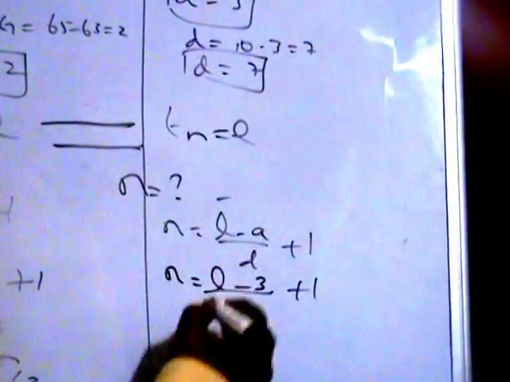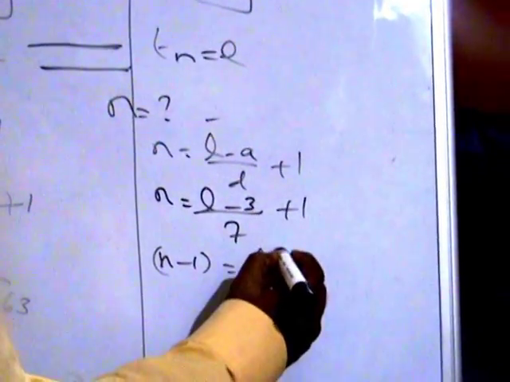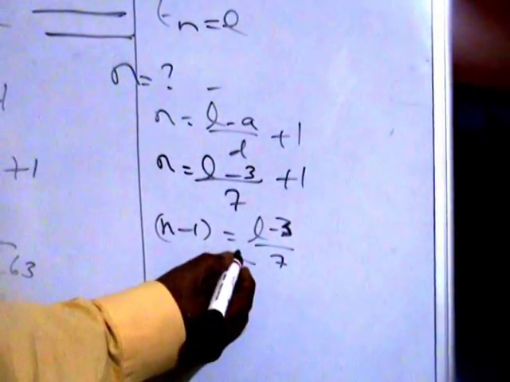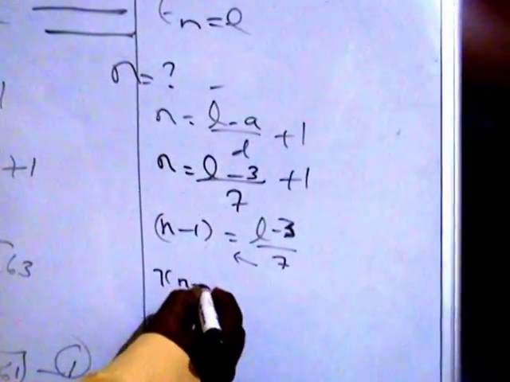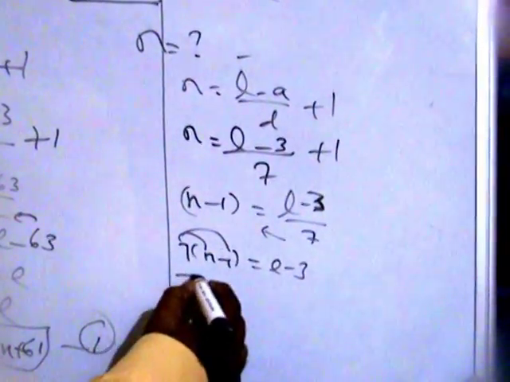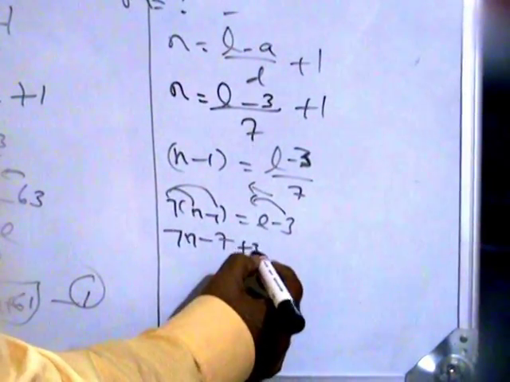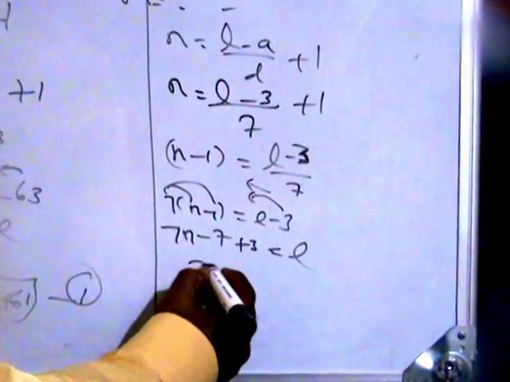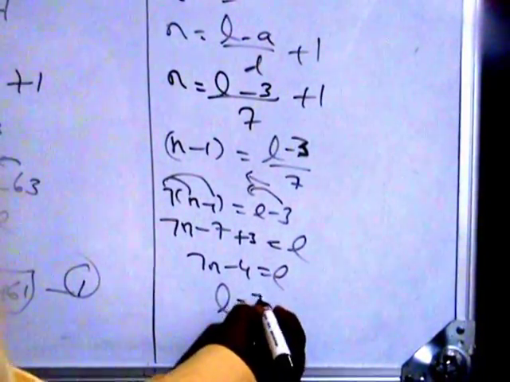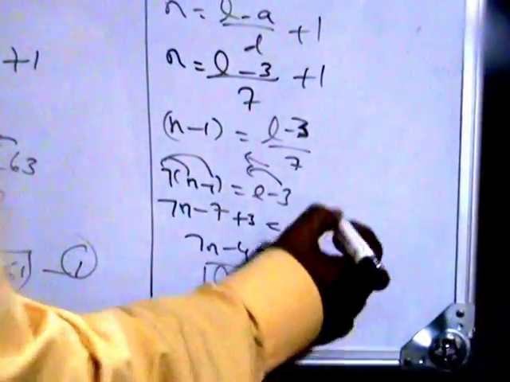Put plus 1, bring the 1 this side. n minus 1 equal to L minus 3 by 7. Take the 7 here, you get 7 into n minus 1 is L minus 3. You multiply 7n minus 7, bring the 3 also this side, plus 3 equal to L. You get 7n minus 4 equal to L. L is equal to 7n minus 4. Call this equation number 2.